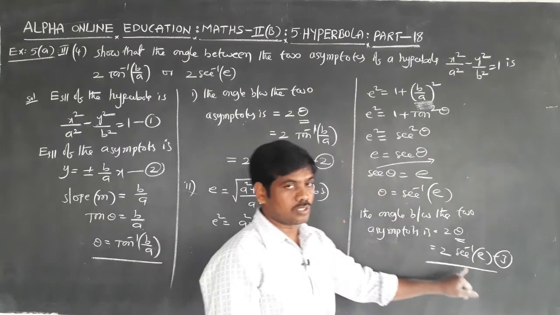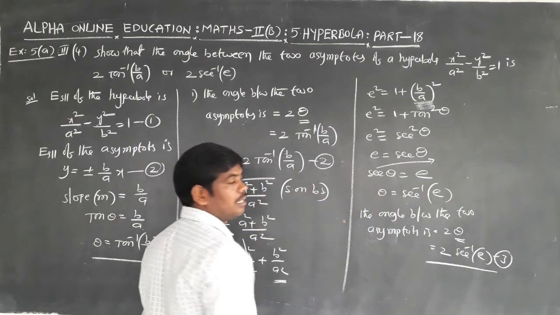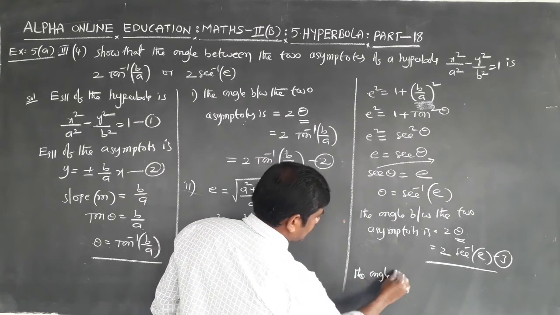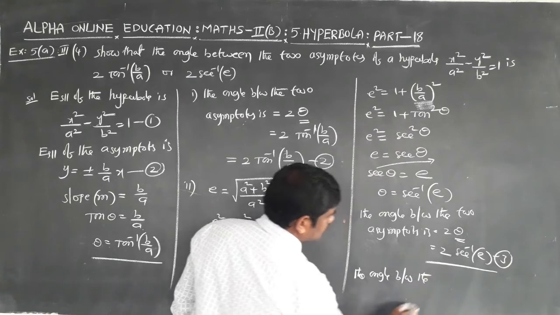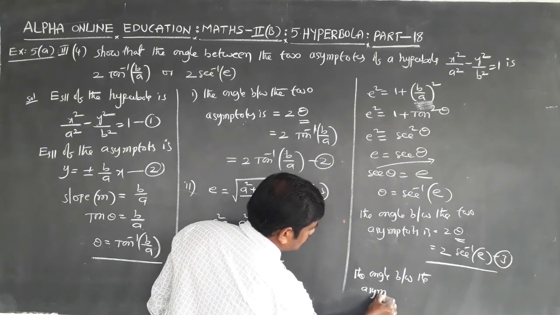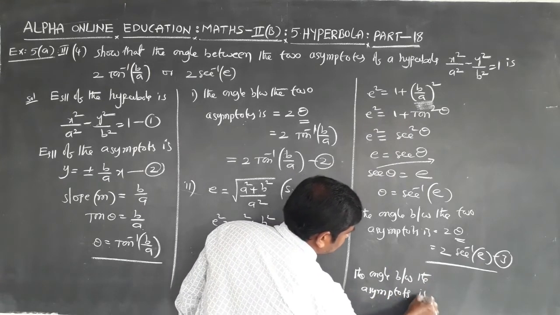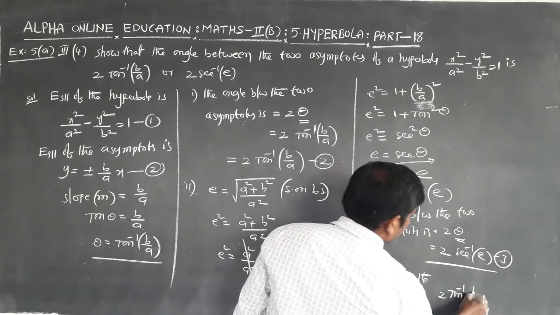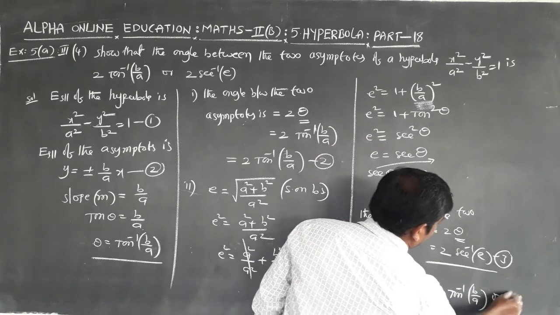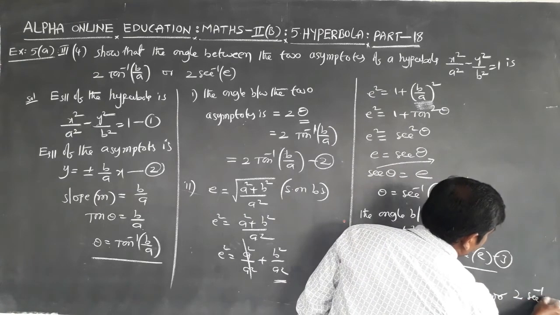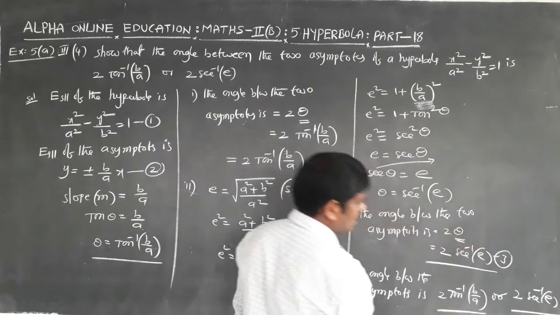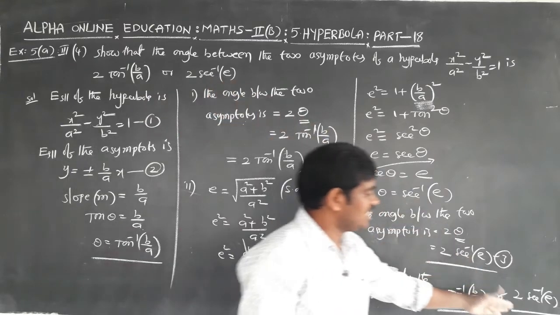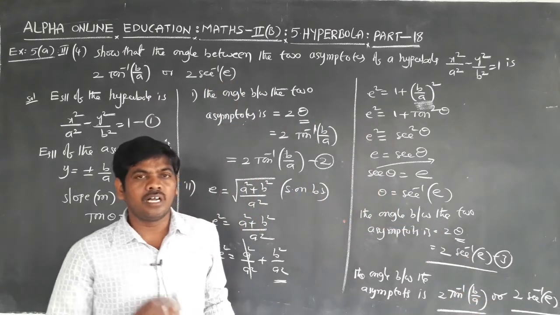Observe from 2 and 3: the angle between the two asymptotes is 2 tan inverse of b by a or 2 secant inverse e. This is the answer.